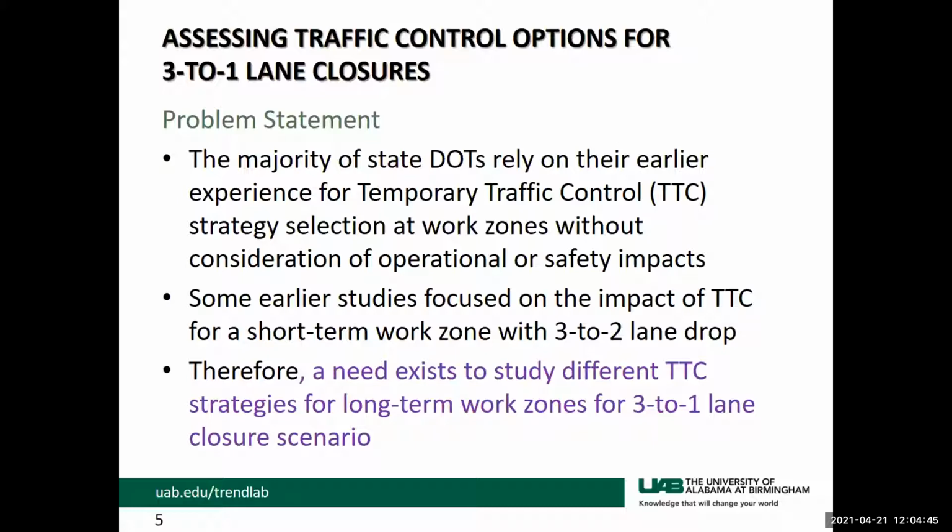What we found from these responses was that most of the DOTs actually do not base this decision on specific considerations related to operational or safety impacts, but rather on their knowledge and prior experience. And mostly they choose early merge temporary traffic control.